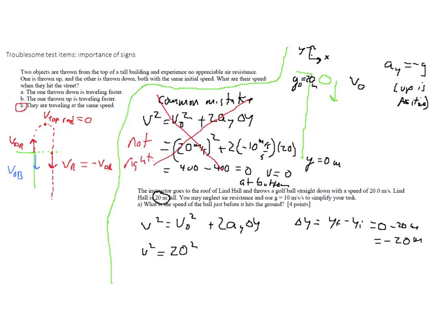So that means that v squared is going to equal 20 squared plus 2 times negative 10 meters per second squared times negative 20 meters. So we're going to be getting 20 squared plus 400.